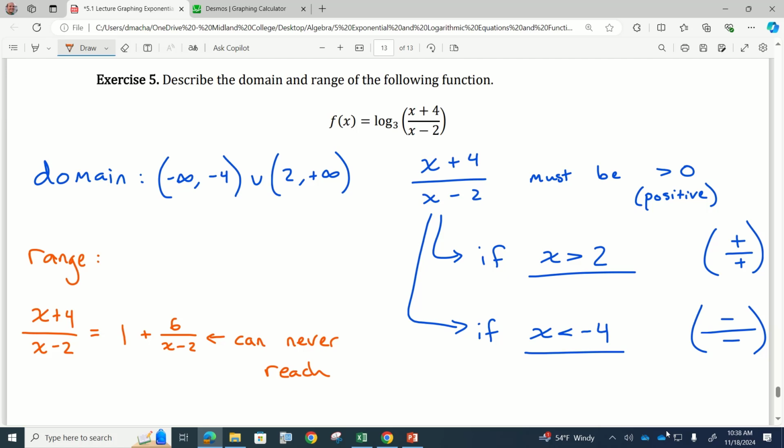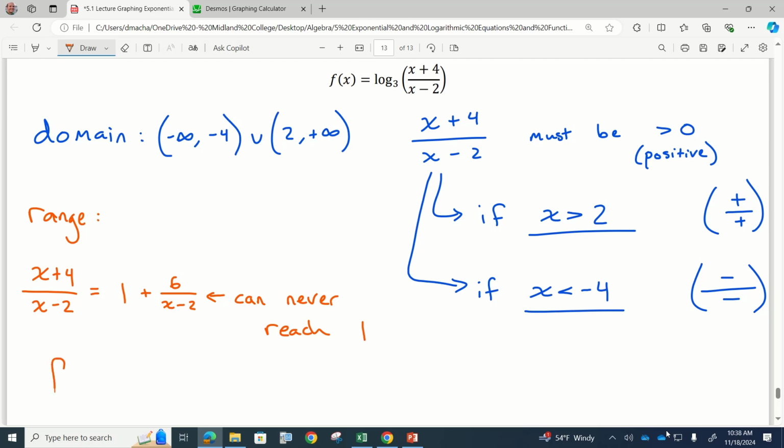But what I mean is, if I plug in any x value in my domain, then this 1 plus 6 over x minus 2, the whole thing could never be the number 1. The reason is because 6 divided by something could never ever be 0. And so if I have 1 plus something that's never ever 0, then it can never be 1. Okay, that can never be 1.